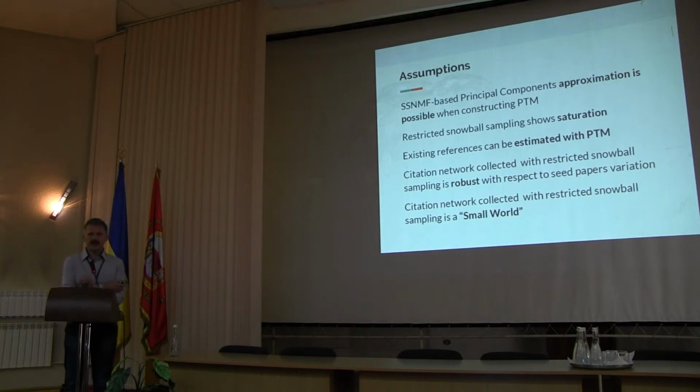Then we need to check if our restricted snowball sampling can collect all the papers, and whether we can determine at which point we should stop sampling, that is, if we can detect saturation or not. Next, we need to check if the collected citation network is still a small world network, and suggest a software package to do all the things I listed.